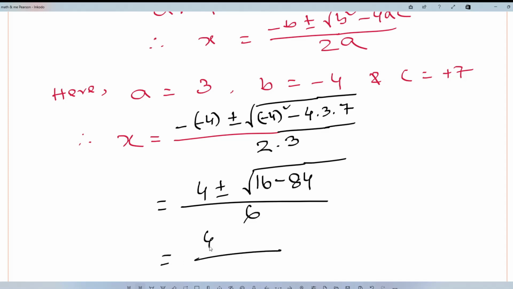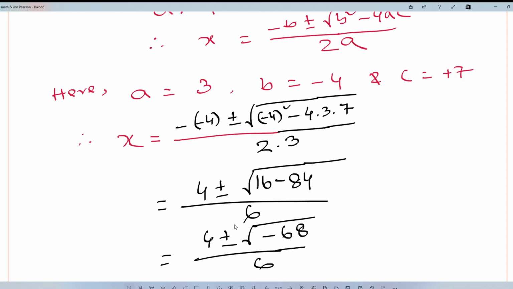So look, here is 4 plus minus root over, and here 16 minus 84 is minus 68. Look, minus 68 divided by 6.